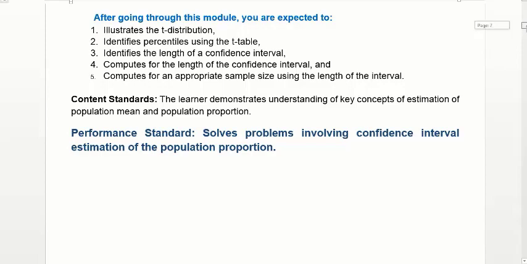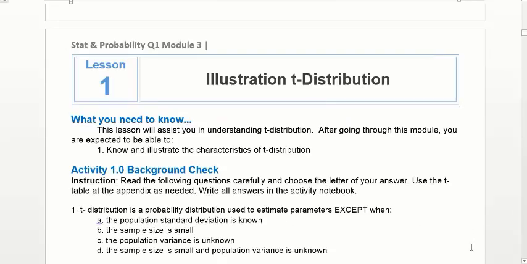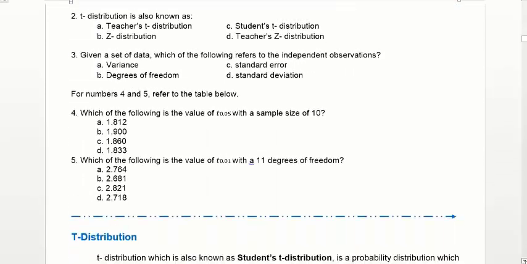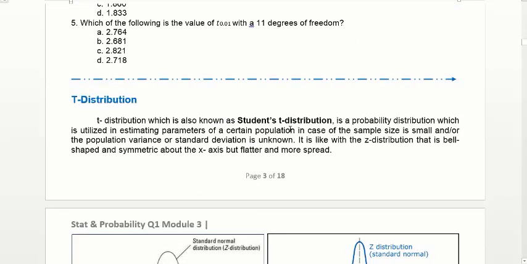So this t-distribution, how do we illustrate what the t-distribution is? The t-distribution, which is also known as student's t-distribution, is a probability distribution which is utilized in estimating parameters of a certain population in case the sample size is small, or the population variance or standard deviation is unknown.